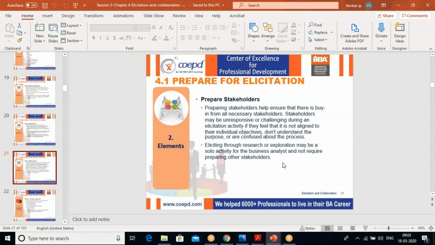And we also take permissions. We have to inform their managers that for so and so purpose we want so and so stakeholder's time, we need 2 hours or 3 hours of his time concerning so and so requirements clarification. Like that, we have to even take approvals from their managers.